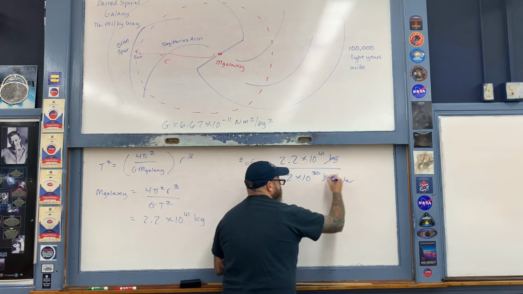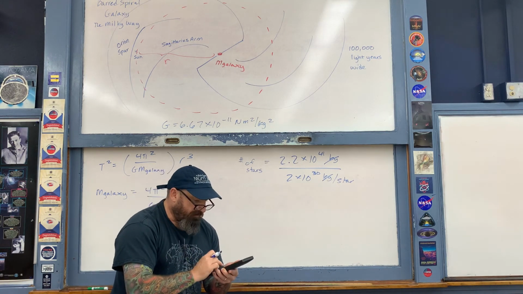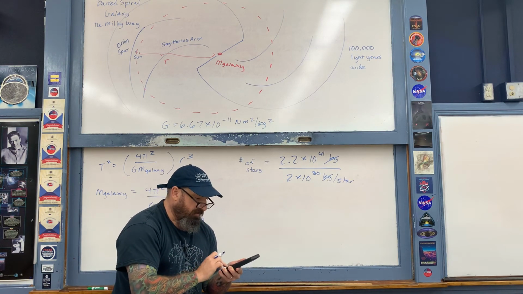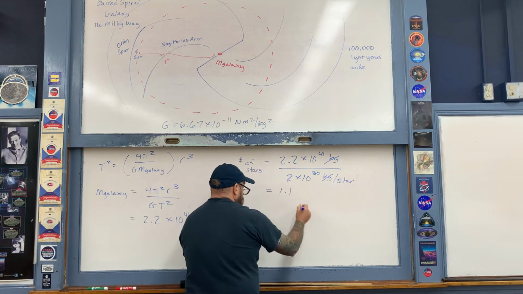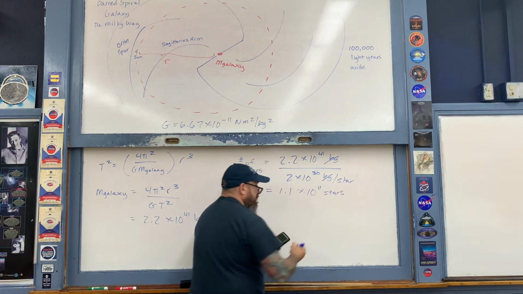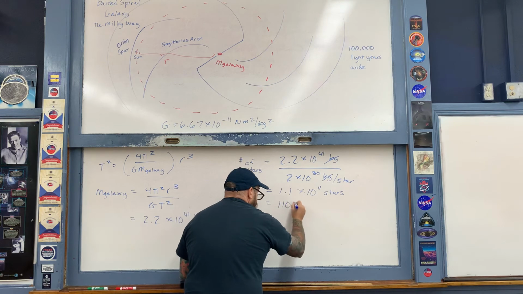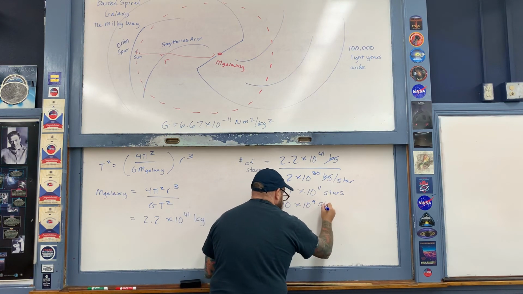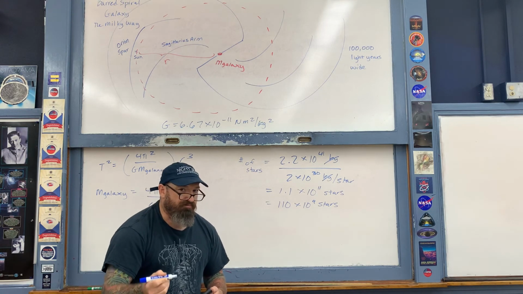Notice that the kilograms cancels out, and I'll end up with something in terms of stars. So divide by 2 times 10 to the 30th, and I then end up with the following. It's about 1.1 times 10 to the 11th stars. That's the same thing as 110 times 10 to the 9th stars. And a 10 to the 9th is a billion.